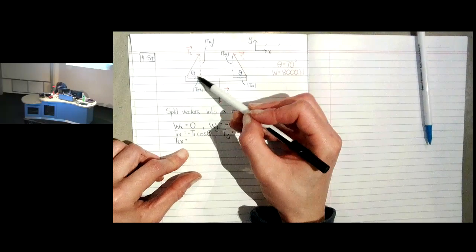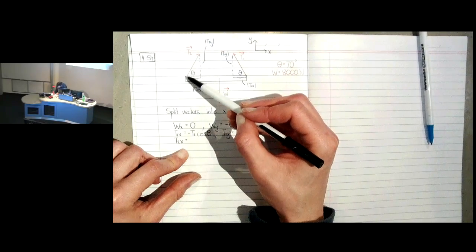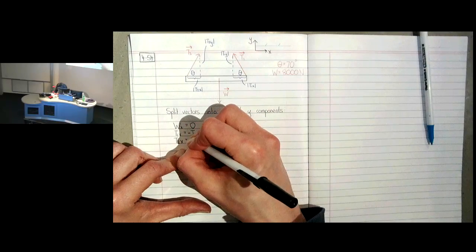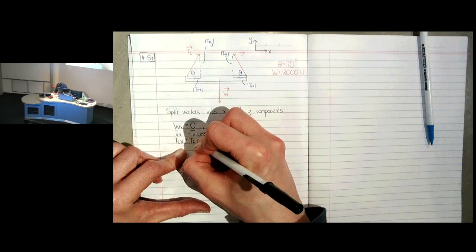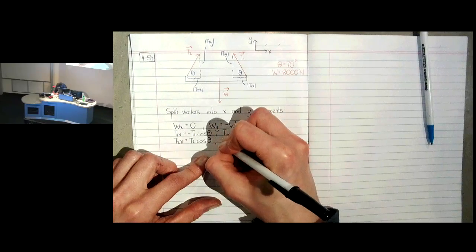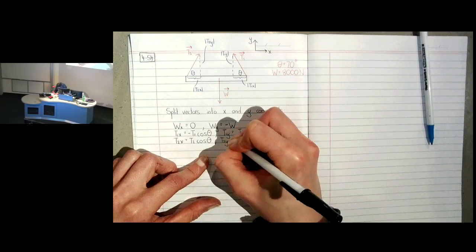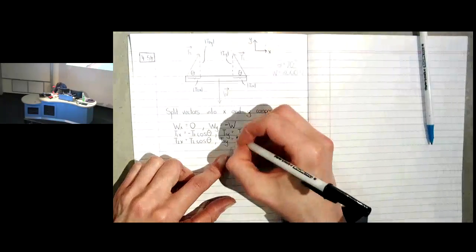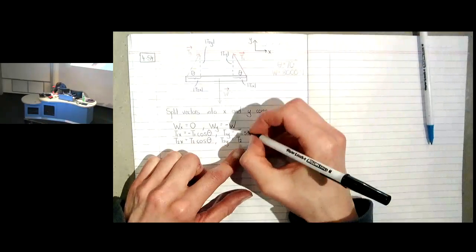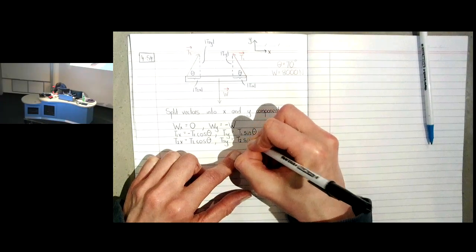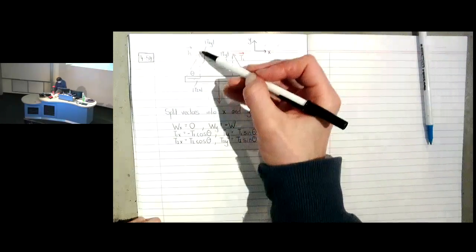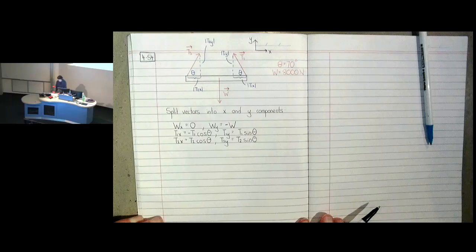So this side length here is equal to the length of this adjacent side of the right-angled triangle, so that's equal to T2 cos theta, and T2y is equal to the magnitude of the second tension force multiplied by sine theta. And that will also have a positive sign because T2 is pointing in the positive y direction.